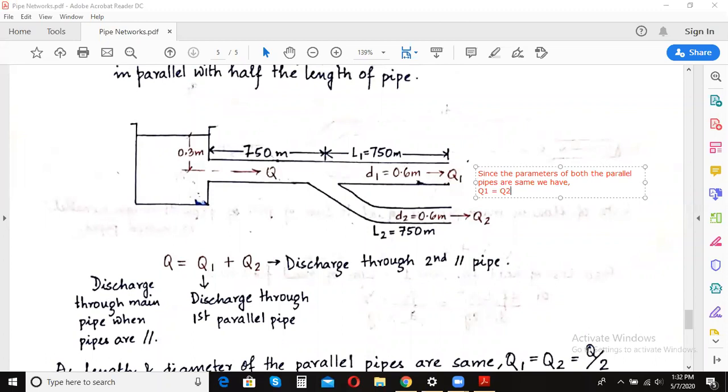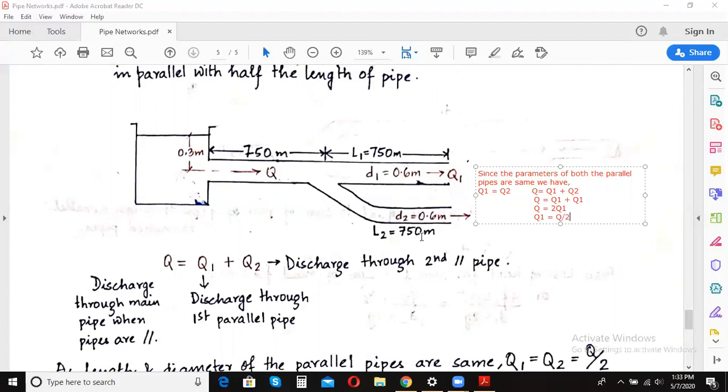And what else do we know? We know that Q is equal to Q1 plus Q2. So if Q1 is equal to Q2, then we can write Q is equal to Q1 plus Q1 again. So what do we have? Q is equal to twice Q1, so that Q1 is going to be equal to capital Q divided by 2.